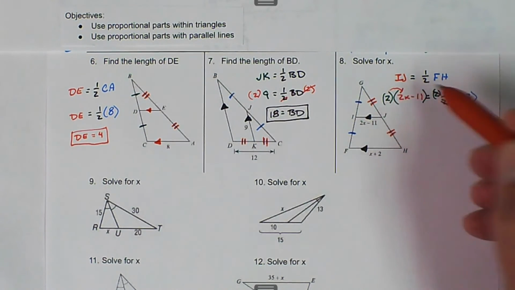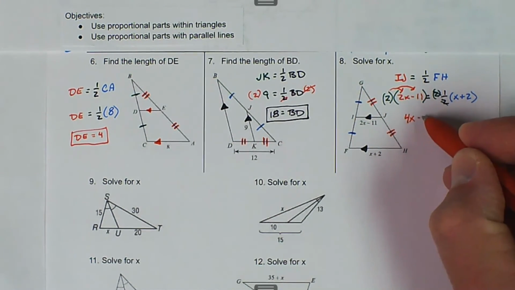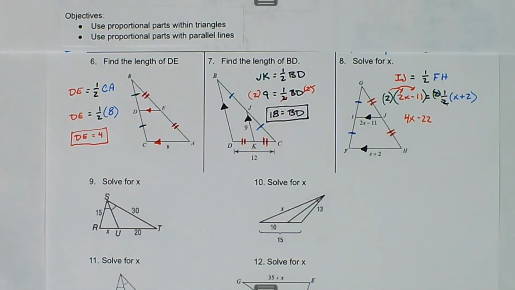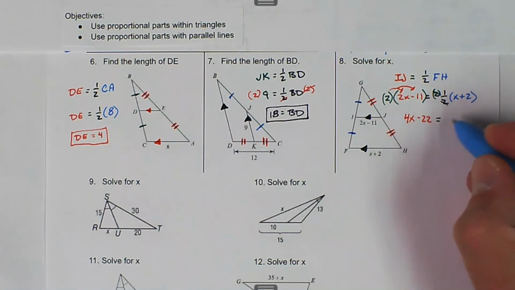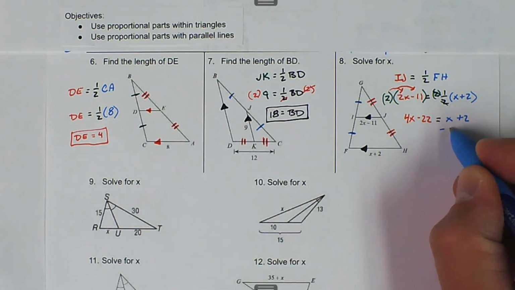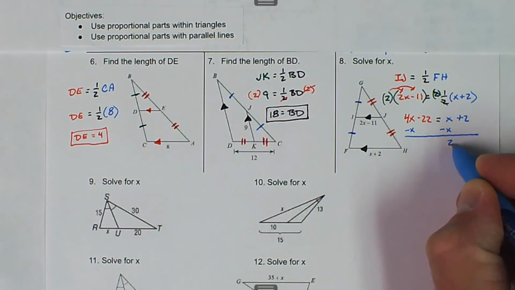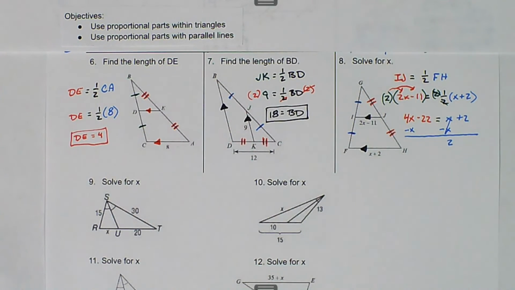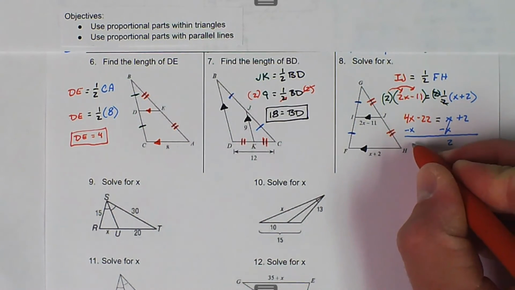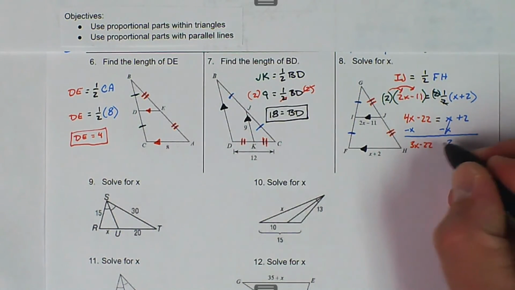So 2 times 2x is 4x, and 2 times negative 11 is negative 22, and that is equal to x plus 2. So I can subtract x and subtract x. On the right-hand side, we just have 2 because our x's cancel. On the left-hand side, we have 3x minus 22 is equal to 2.